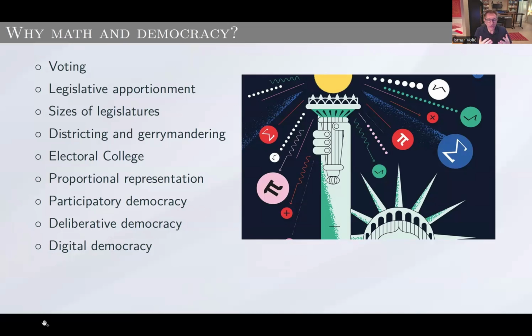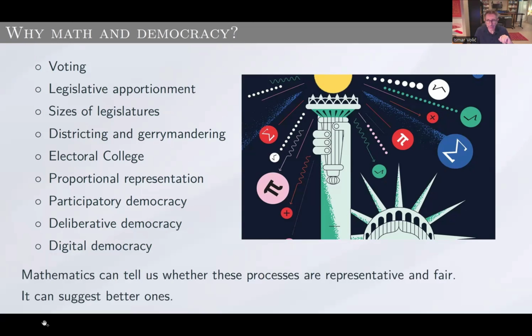Every country has these processes, and if you look under the hood, the engine is kind of powered by mathematics. So you're choosing certain algorithms, equations, processes that are mathematical to decide things like who's going to win an election, how to draw a district, how to select a group of people to participate in a deliberative democracy process, etc.